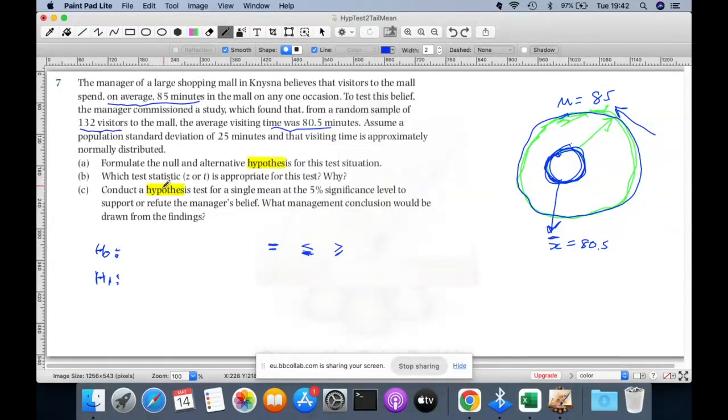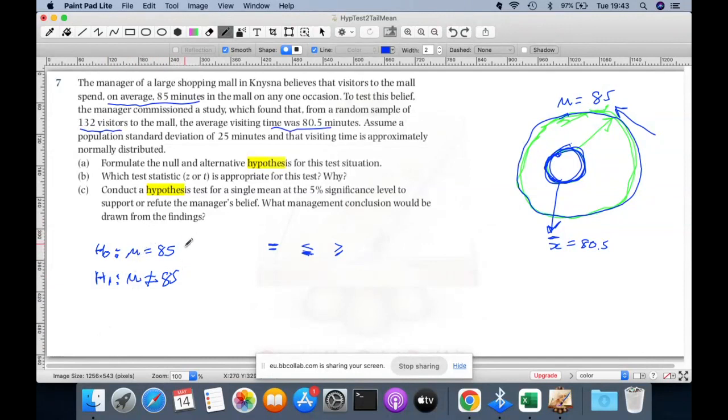So that's equals to. That means they believe the true average mu is 85. And so this is H naught, and as I said, H1 is the complementary or the opposite of H naught. So that'll be mu not equal to 85 minutes.